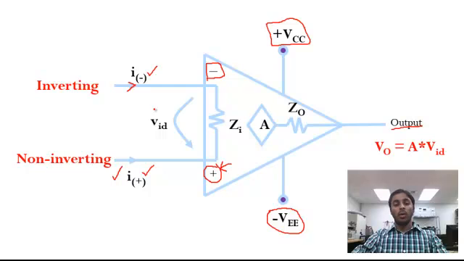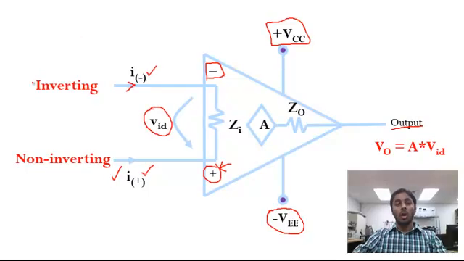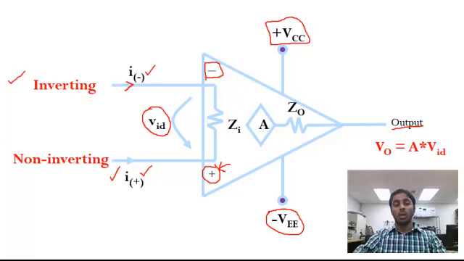And here, when you observe the input side, it is shown as VID, because the operational amplifier is a differential amplifier, meaning that the difference between the input voltage levels is going to be amplified. It's not the inverting terminal signal alone, nor the non-inverting terminal signal alone.